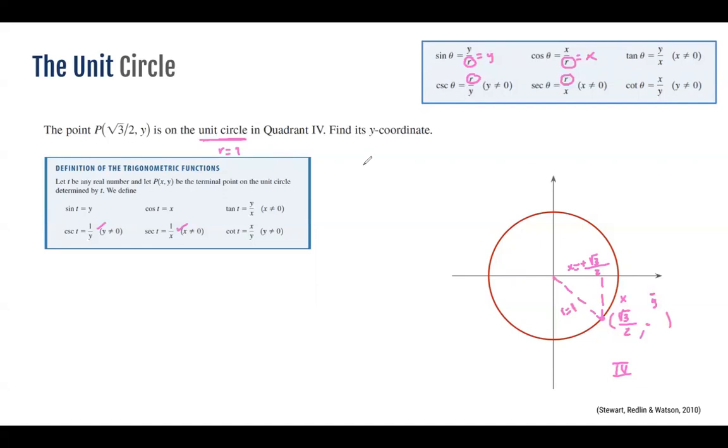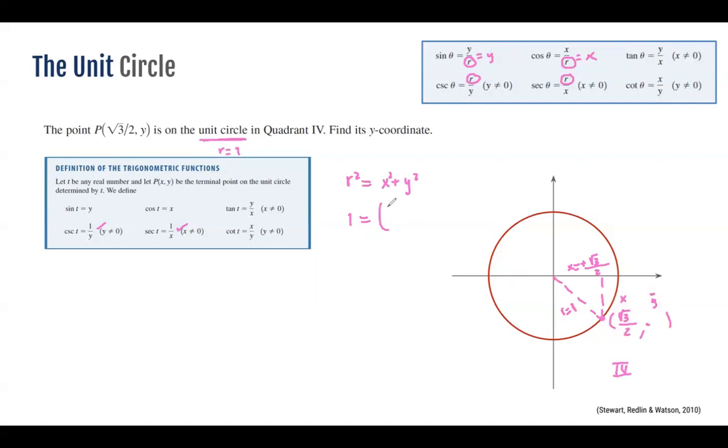How do we find y? Well, r squared is equal to x squared plus y squared. But because r is 1, being in the unit circle, 1 squared stays as 1. So that's going to make things easier.